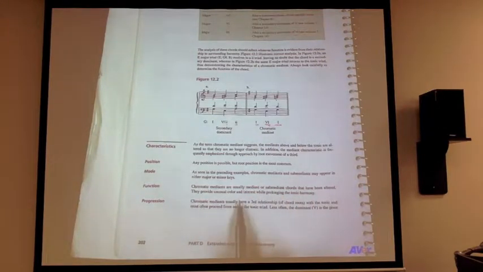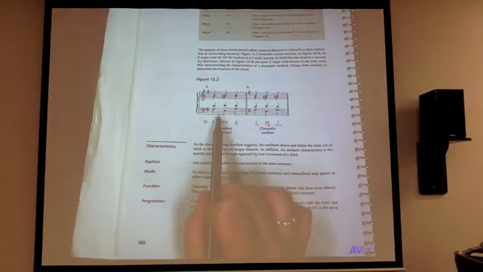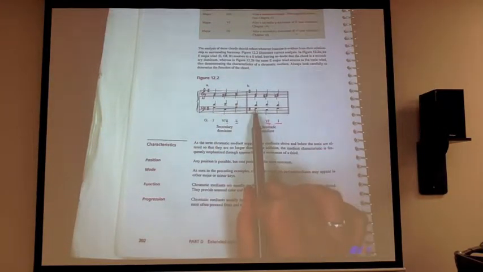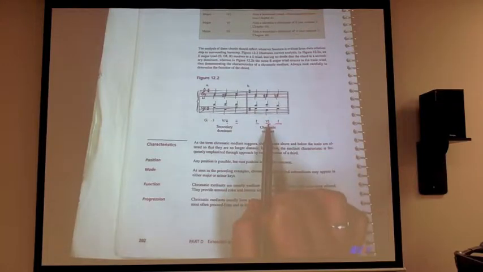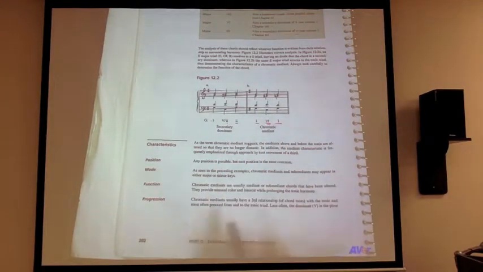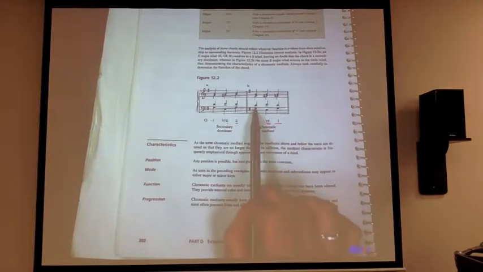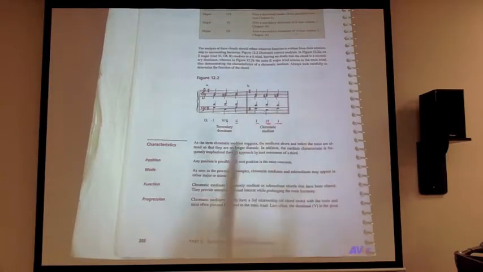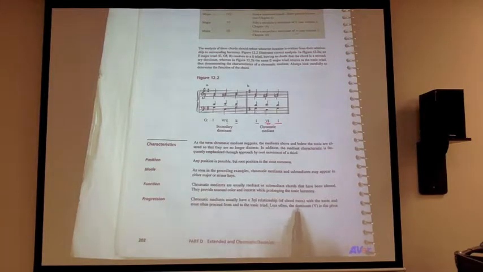Chromatic mediants usually have a third relationship with the tonic, most often proceeding from and to the tonic triad. So you can see it goes 1, 6, chromatic mediant, and then right back to 1. Okay? You can see this third relationship, down a third, back up a third. Right? And less often do they go to the dominant.